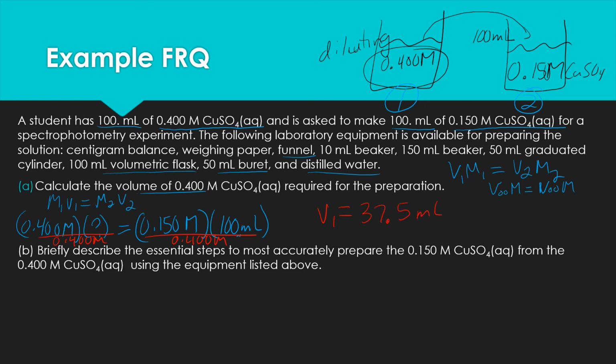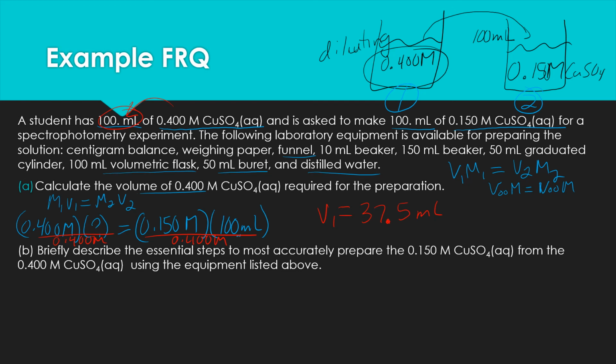So I need to measure 37.5 milliliters of my 0.4 molar solution. I have 100 milliliters available, so that's probably a good indication that I'm on the right track. I'm not using more than I have available. If I did my calculation wrong and maybe got a volume bigger than 100, that would be a big red flag to say, hey, I probably did something wrong, okay? So that's how much we want to measure.